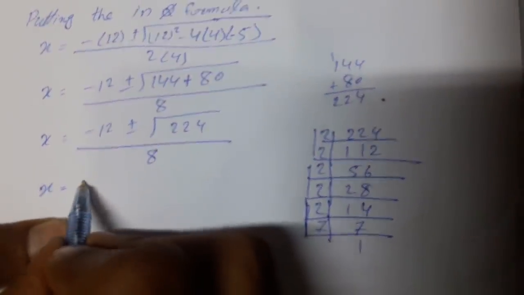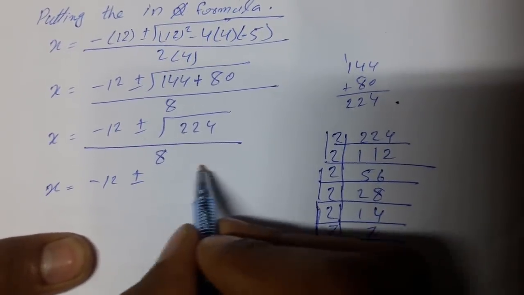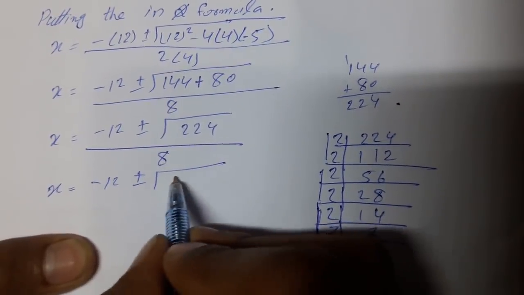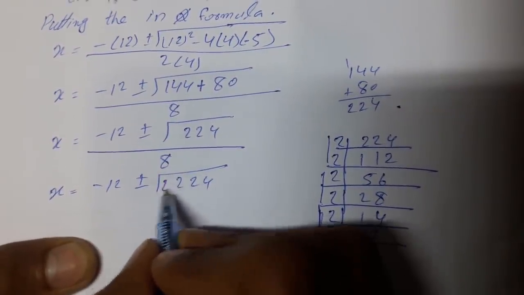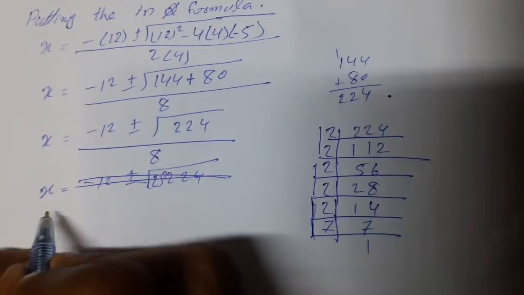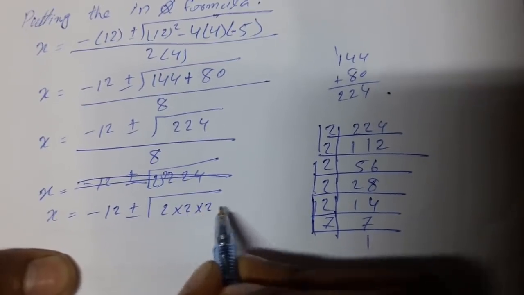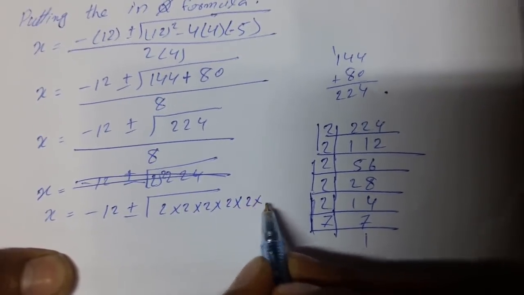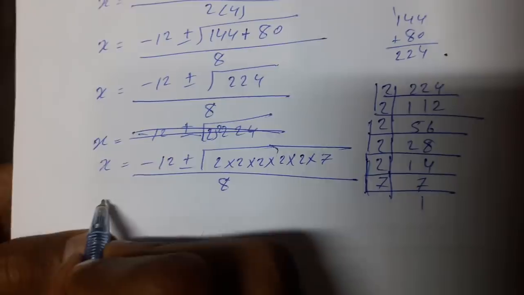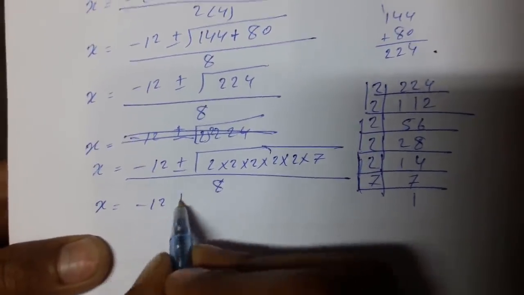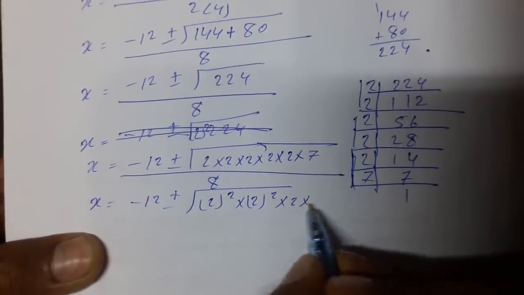So we will put here x equals minus 12 plus minus square root of 224, which is 2 into 2 into 2 into 2 into 2 into 7, divided by 8. We do pairing: 2 squared into 2 squared into 2 into 7.